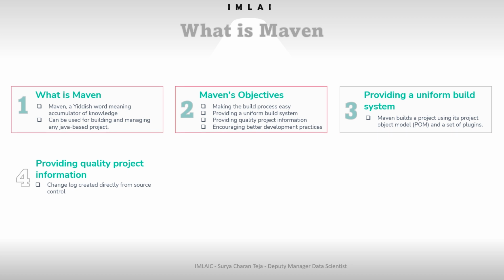For example, Maven can provide a change log created directly from source control, cross-referenced sources, mailing lists managed by the project, dependencies used by the project, and unit test reports including coverage.